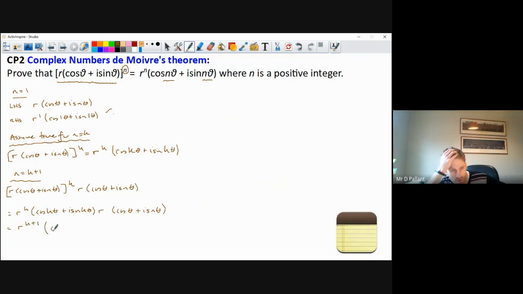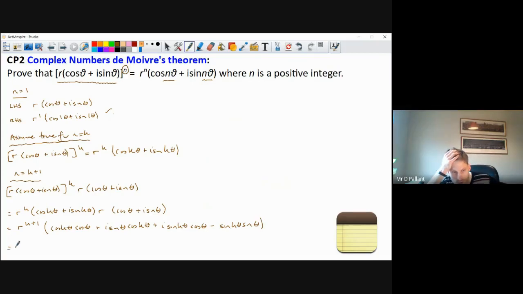And then we're going to start timesing these, as we've got cos k theta plus i sine k theta, times cos theta plus i sine theta. Oh no, it's not plus, it's i squared, so it's minus sine k theta sine theta.